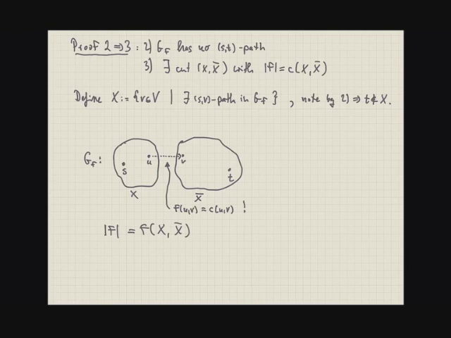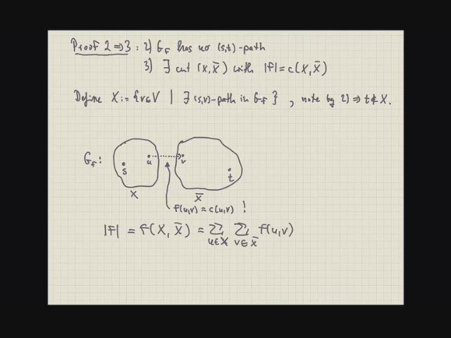Now, by definition, this is just the sum over all u in X and the sum over all v in X bar of the flow from u to v.